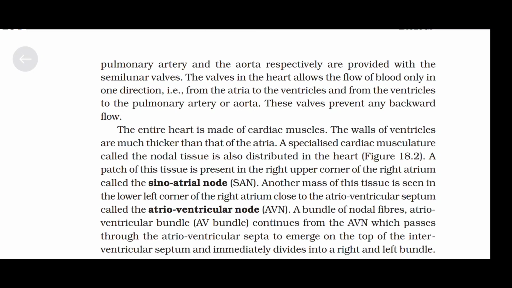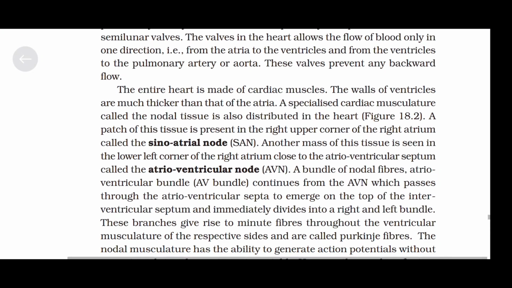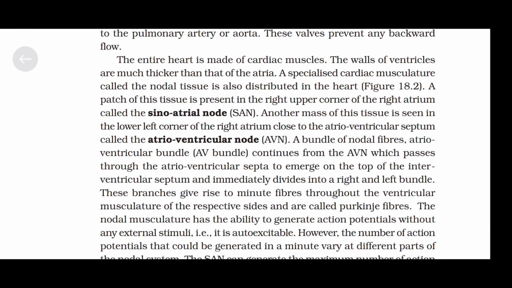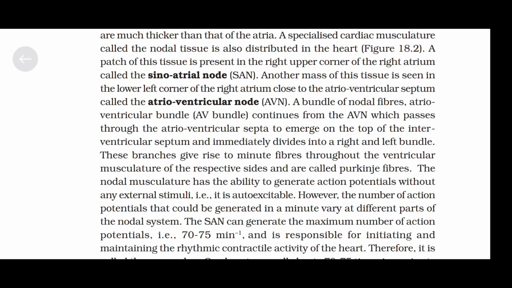A bundle of nodal fibers, atrioventricular bundle, continues from the AVN, which passes through the atrioventricular septa to emerge on the top of the interventricular septum and immediately divides into a right and left bundle. These branches give rise to minute fibers throughout the ventricular musculature of the respective sides and are called Purkinje fibers.